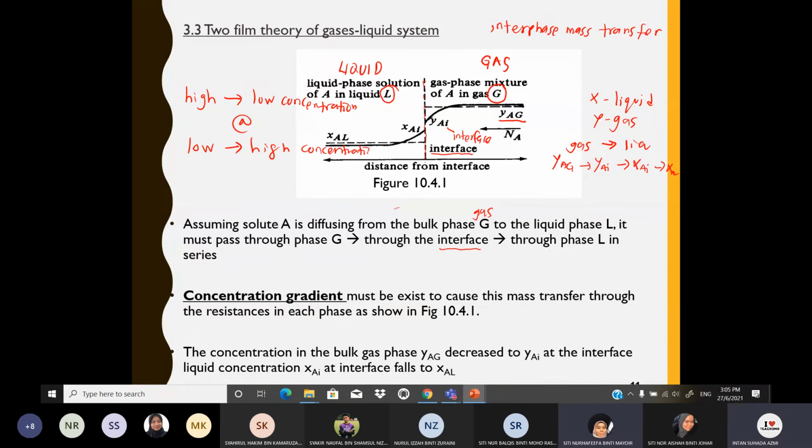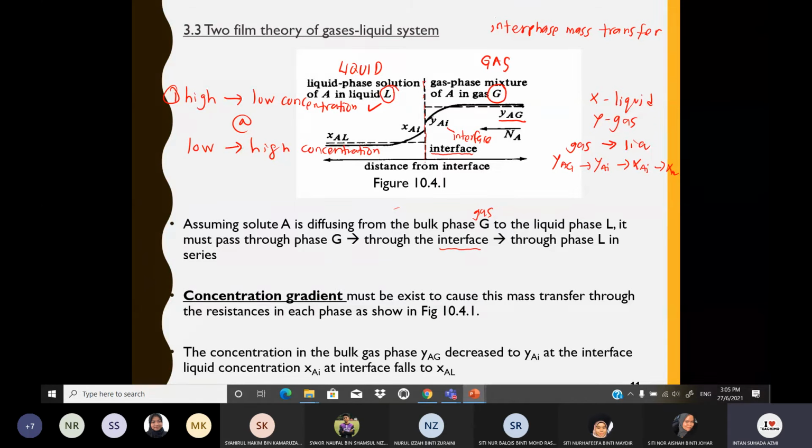It will be high to low. Thank you for your answer, that is correct. It will be transferred from high to low concentration.